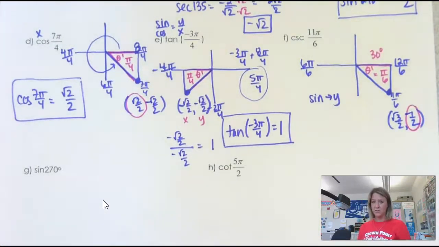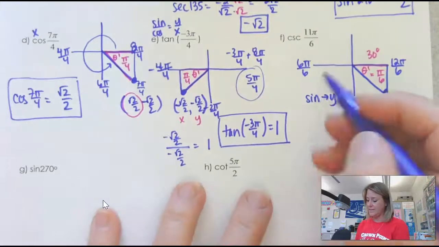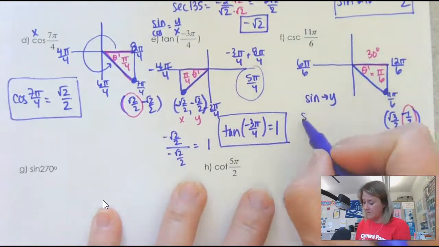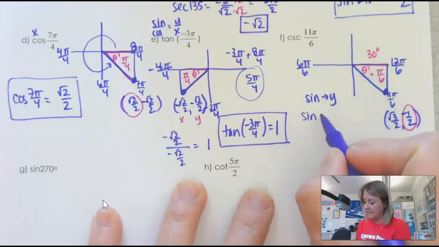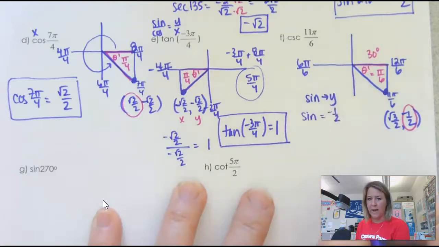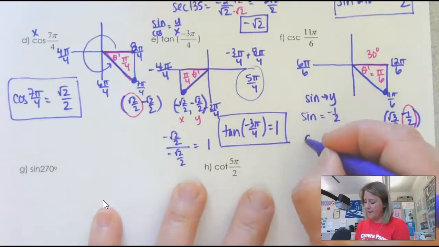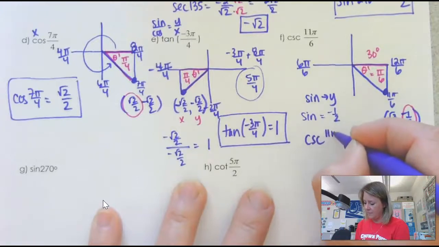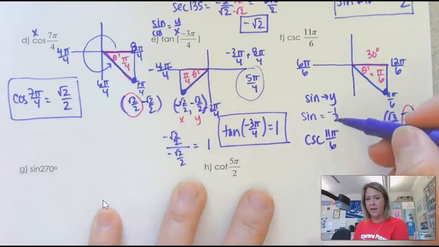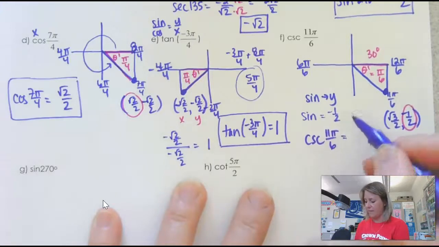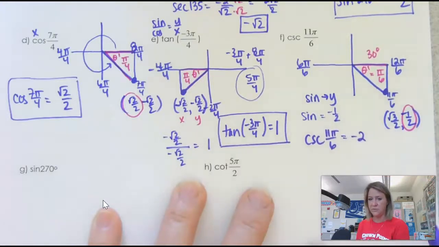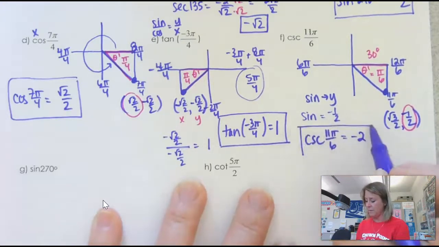Now it's not actually the answer because I wasn't asked for sine, I was asked for cosecant. So if sine of the angle is negative 1/2, then to find cosecant of 11 pi over 6, I've got to flip that fraction. If I flip negative 1 over 2, I've got negative 2 over 1, and I'm just left with negative 2.